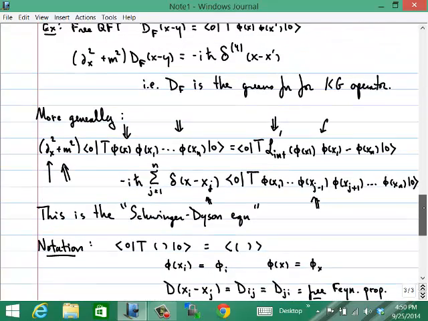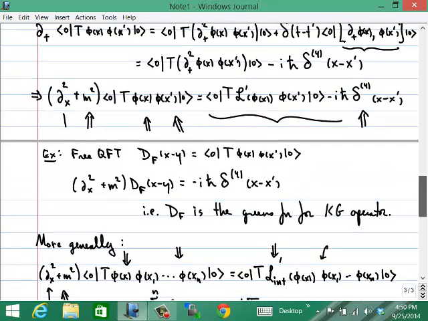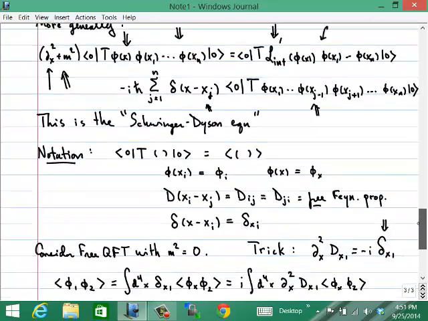So in fact, I just need to use the simple version of the Schwinger-Dyson equation, which is the one that I wrote up here. This interaction term here is going to be 0, and we see that d squared by dx squared of this expectation value of phi of x with phi of x prime is just minus i h bar times the delta function that sets x equal to x prime.